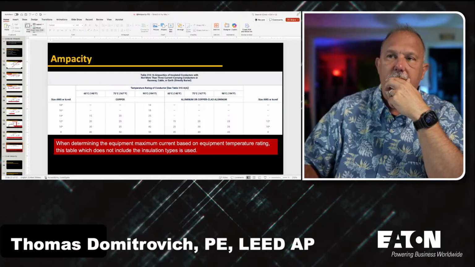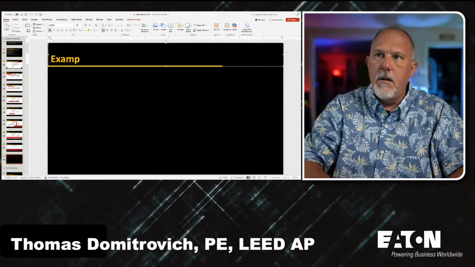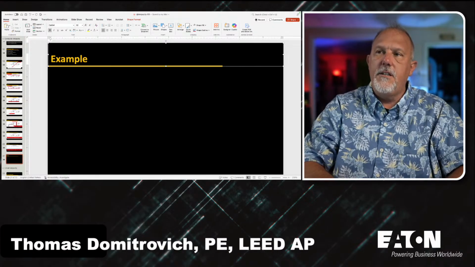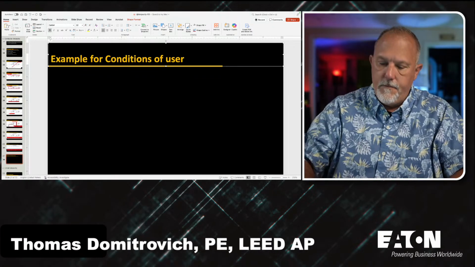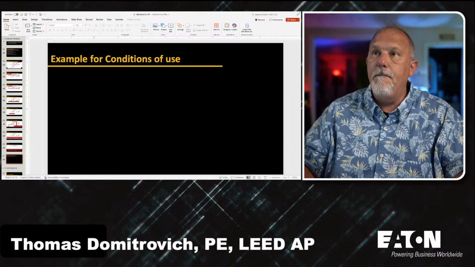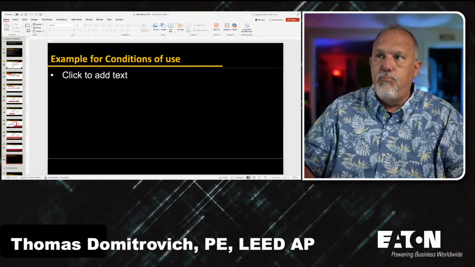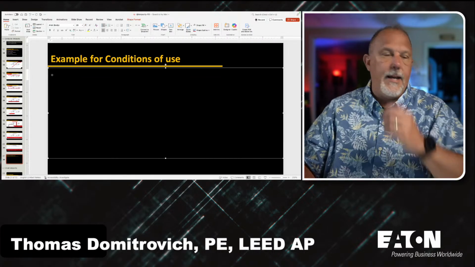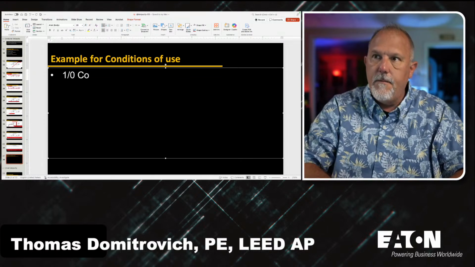Example: conditions of use. So I could take, for example, a 1-aught copper conductor.